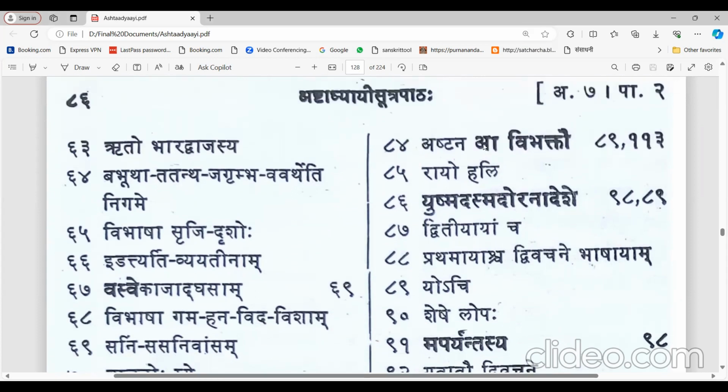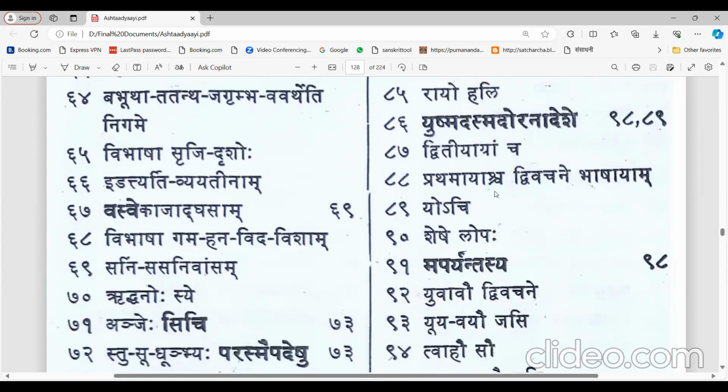Akara is Anuvritti from Ashtana Avivakti. Then Pratamaya Vivachane Bhashaya. That also is a Bhashaya. Pratamaya when Pratama Vibhakti Vivachana Pratyaya. That also will get Akara Adesha. So these are all Atva Nimitta Sutras. Atva ordained for Dvitiya and Pratama Vivachanam.